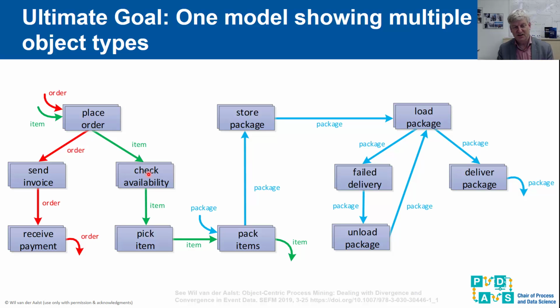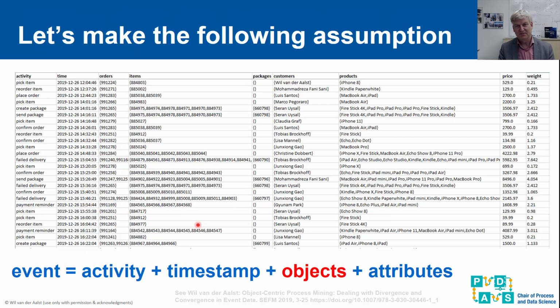But if I check the availability, when I'm, for example, preparing for order picking, then I'm checking things at an item level. And then if we try to deliver things, that is at the level of a package. So if we are packing items in a package, it may relate multiple items to a single package.